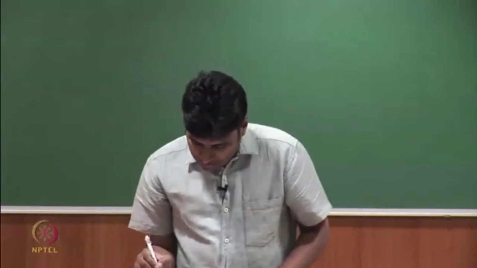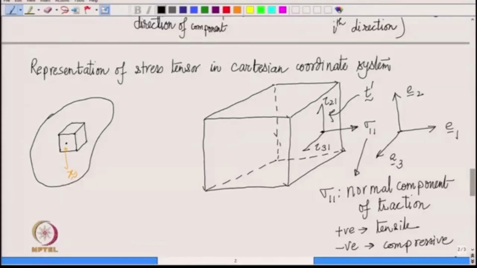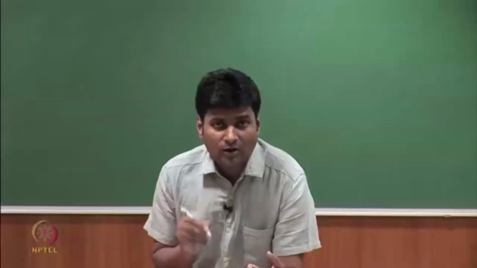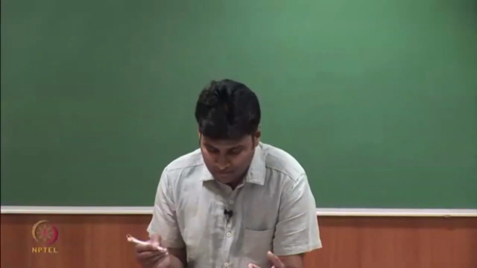All right. So, let me complete that diagram. We only drew the traction components on the E1 plane. Let us do the same thing on the E2 plane. On the E2 plane, which is the top plane, we have sigma 2 2, the normal component, then we have tau 1 2, right.